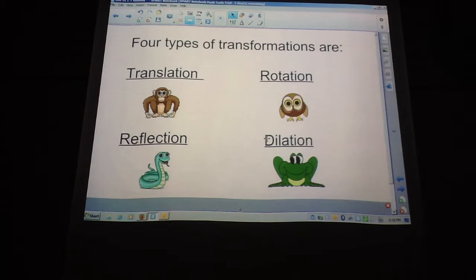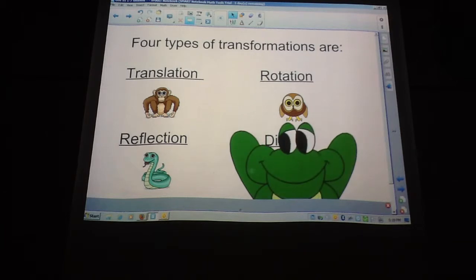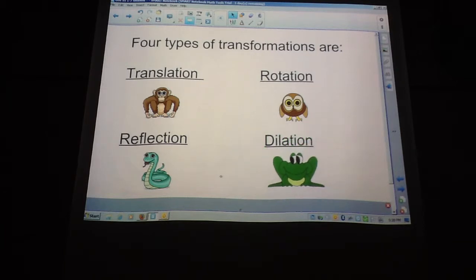The little owl here will spin. If I'm spinning it or turning it, that's a rotation. If I flip it over, that's its reflection. And then the frog, if it grows or gets smaller, changes its size, that's the dilation. So those are your 4 types of transformations.